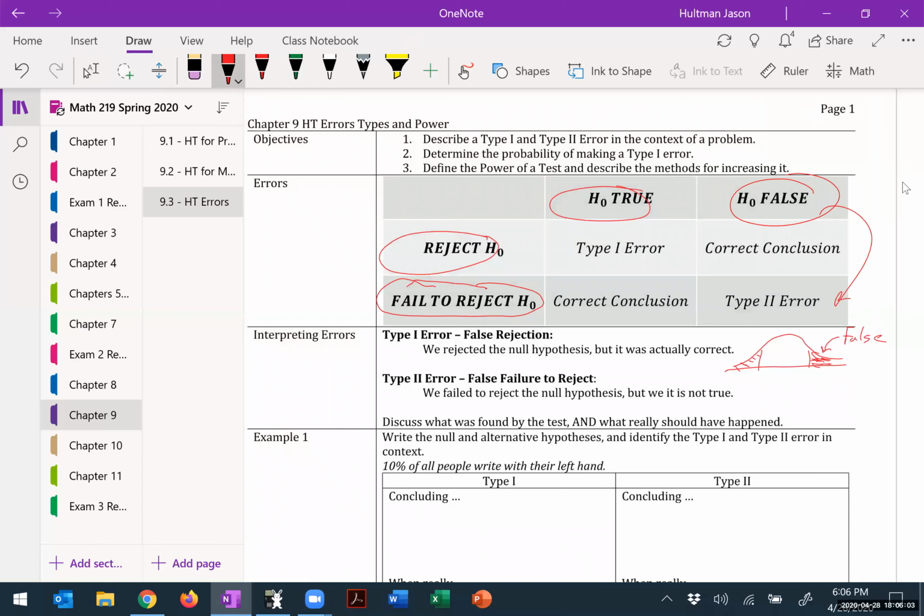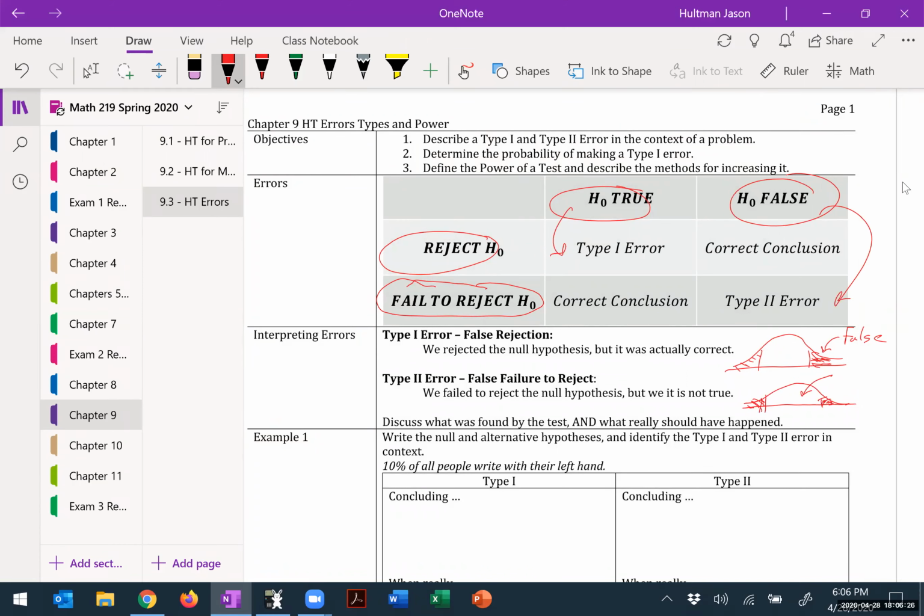The null was actually false, so we failed to reject, which means that our value was here and our area of rejection was just not large enough.